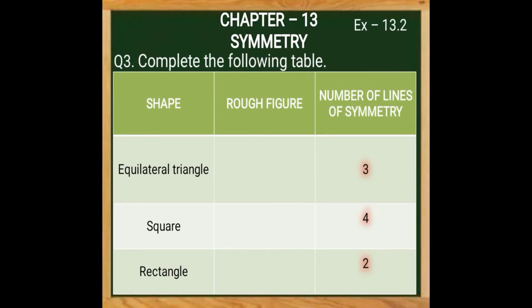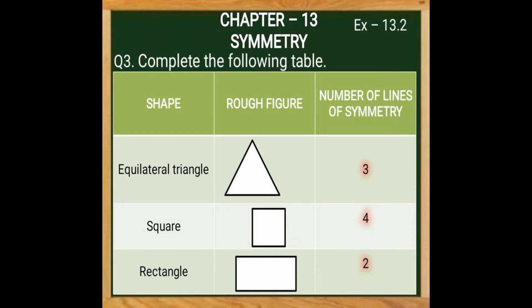Let us check how they have these lines of symmetry and check their figures. These are equilateral triangle, square, and rectangle respectively. So let's check the number of symmetrical lines for an equilateral triangle. Here comes the line of symmetry for the equilateral triangle: L1, L2, L3.